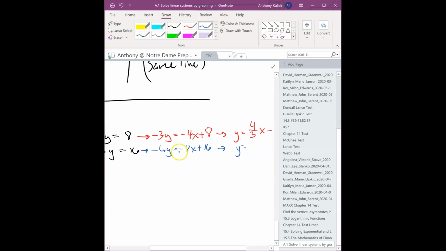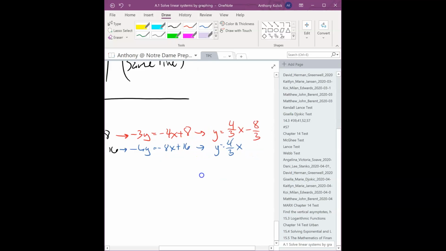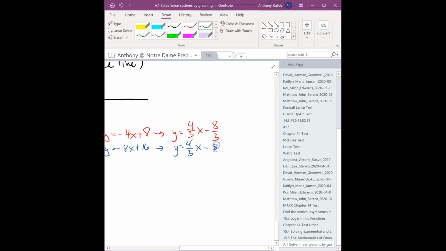When I take -8 and divide it by -6, that reduces down to +4/3. When I take 16 and divide it by -6, that reduces down to -8/3. And what we notice here is that these two equations are identical. That tells me that these are both representing the same line, which in turn tells me that this is infinitely many solutions. And there's really no need for me to graph. I can tell this without even graphing.